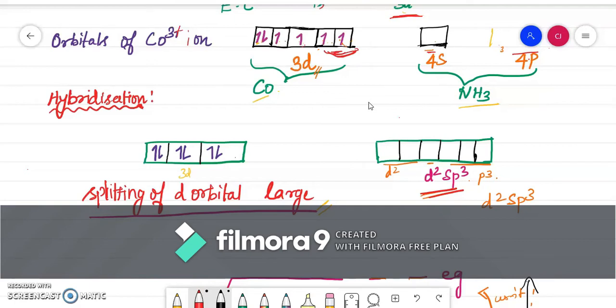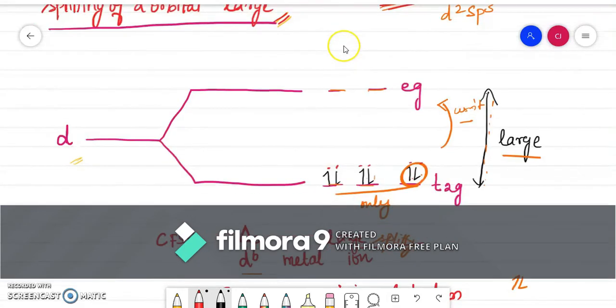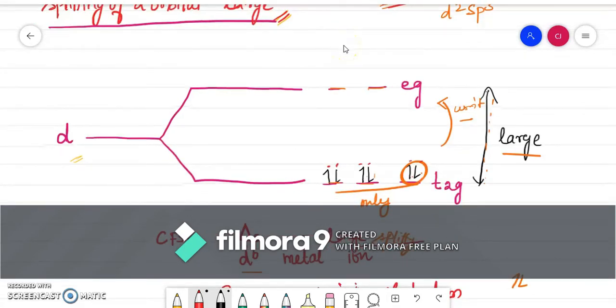In that case, splitting happens in the d orbital, and the splitting is very large. Okay, see this diagram here; I'll draw the diagram so you can identify it. The d orbital splitting is happening. The ground state of the splitting is t2g, and the highest state is eg. These are the splittings that happen.